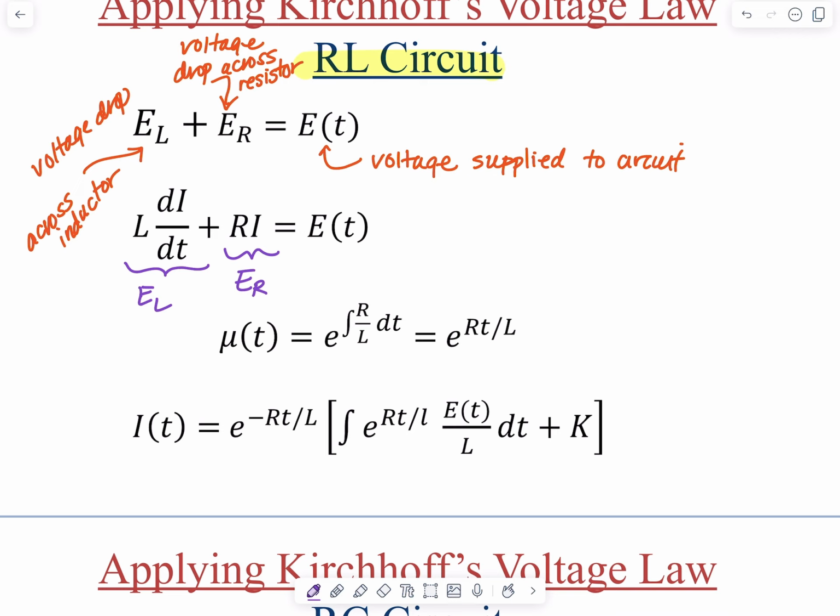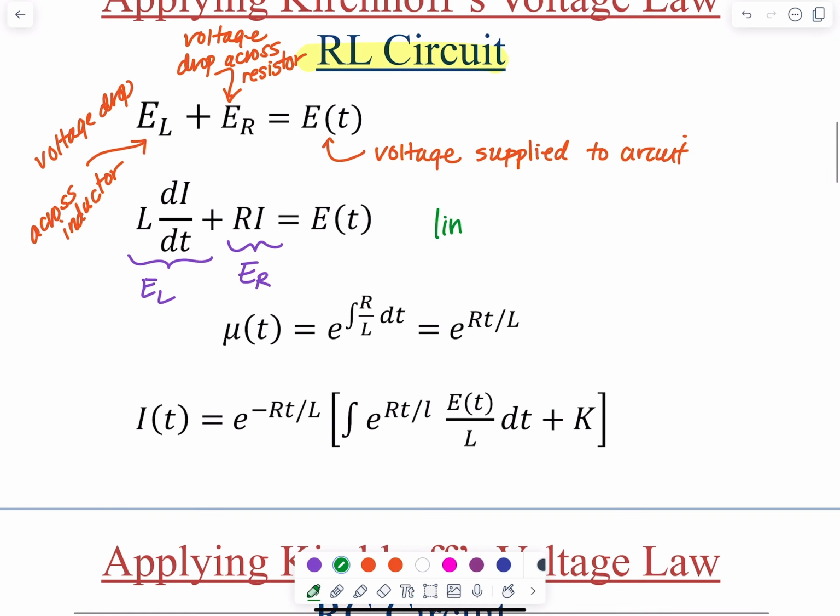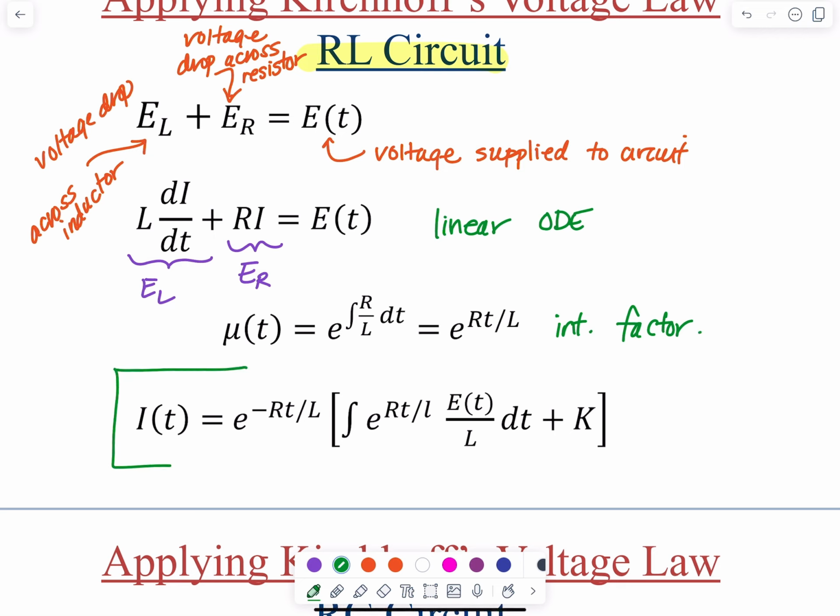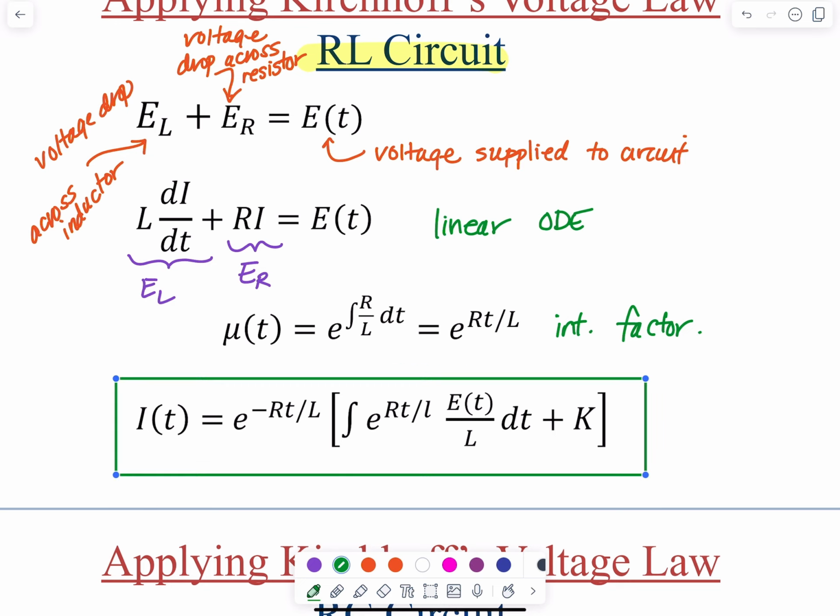Okay. We note that this equation is linear. And we can come up with our integrating factor. And I will leave this to you to come up with a formula for I sub t.